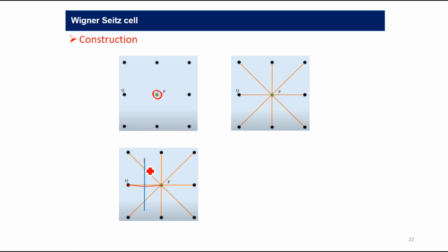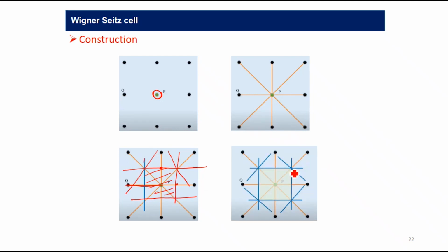For this, it will be this. For this, it is going to be like this, and so on. Keep on drawing perpendicular lines, that means the perpendicular bisector of every connection. The closed structure that is formed is your Wigner-Seitz cell. In this case, this is your Wigner-Seitz cell.